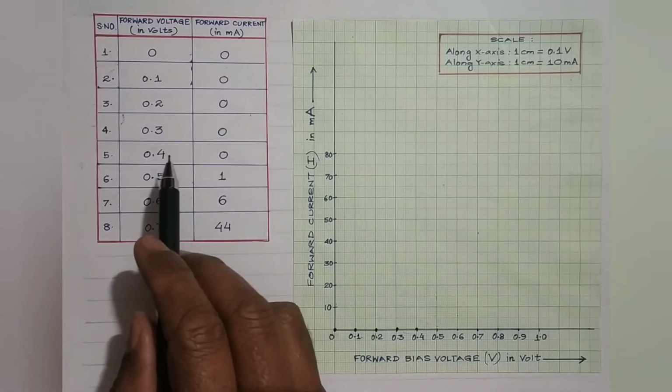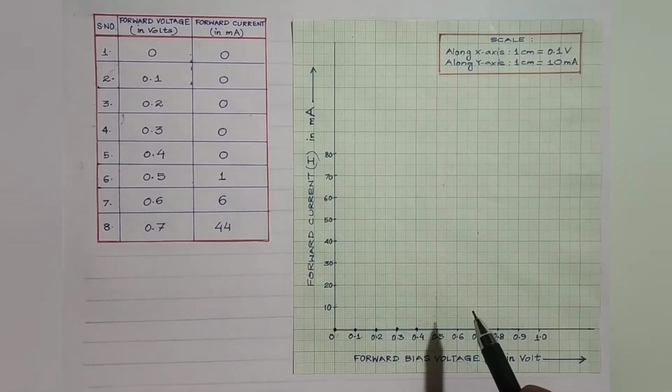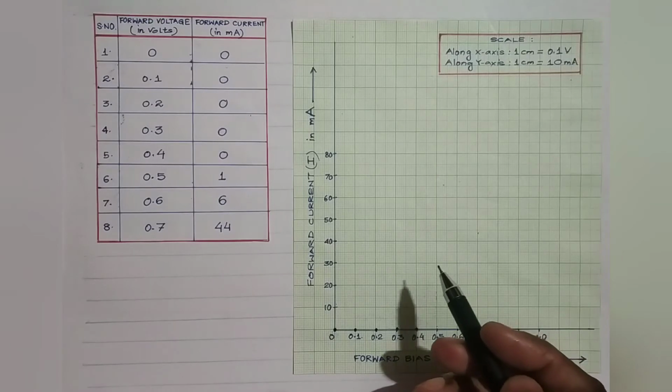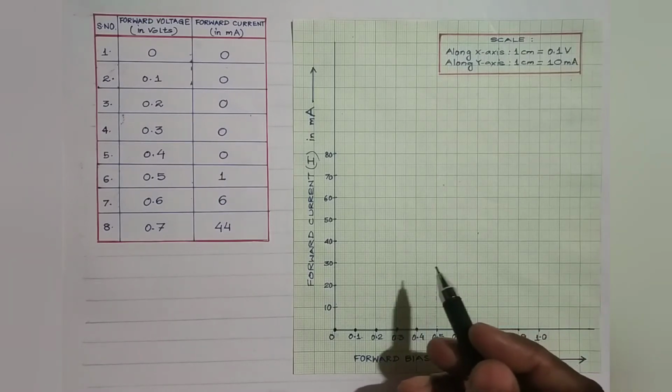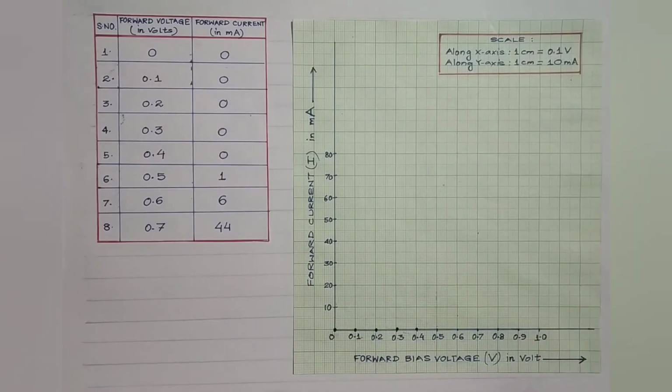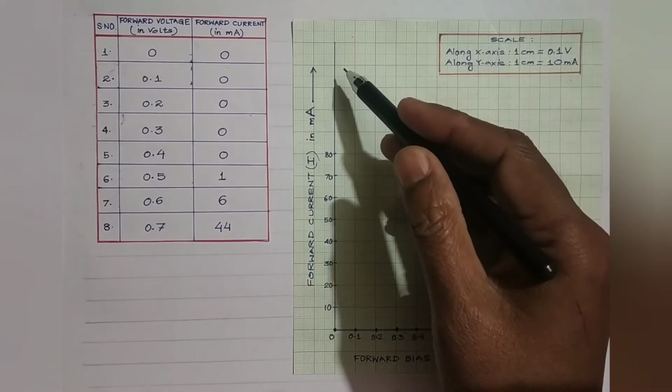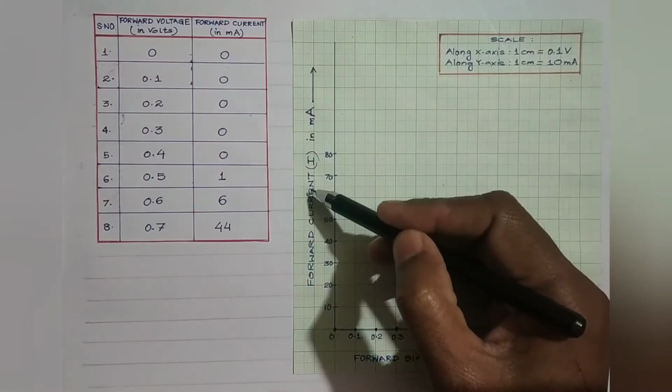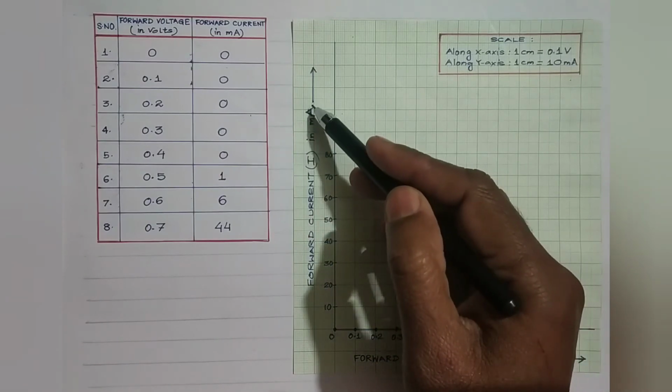Now after the observations, let's plot the graph so as to represent the IV characteristic of a junction diode during the forward biasing. So here the horizontal axis represents the forward bias voltage in volts, while the vertical axis represents forward current in milliampere.